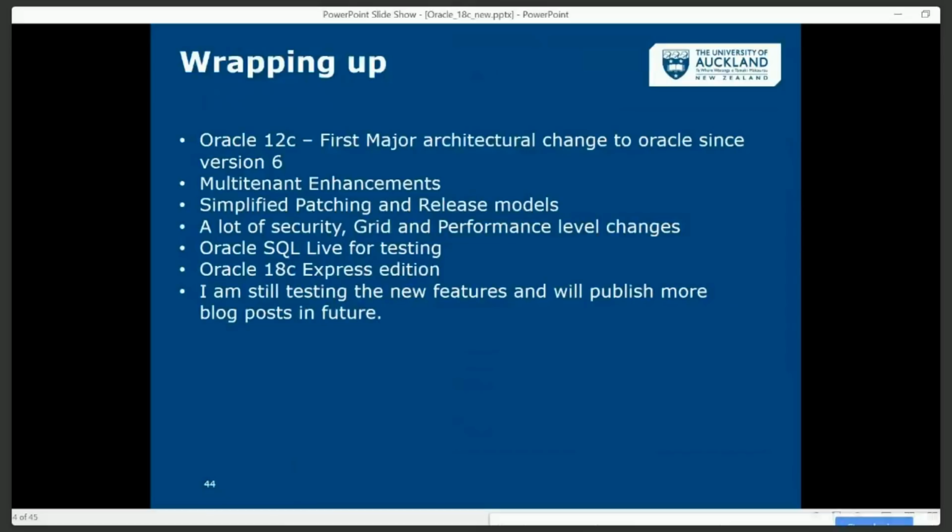Simplified patching and release model. I really like the way the numbering is coming up, like 18.2 at 18.2.1. I know that it is patched up to April 1. 18.3 is patched up to July 1.